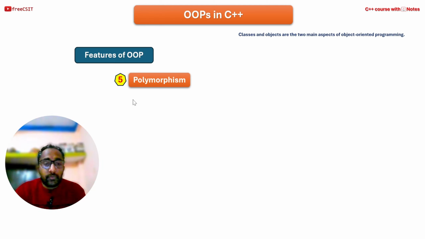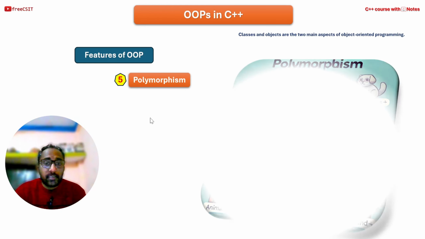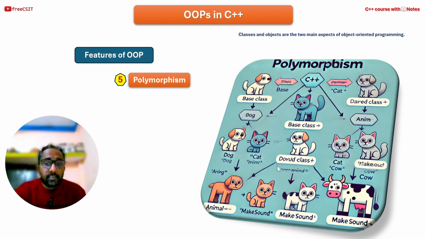Polymorphism is one of the core concepts of object-oriented programming language.